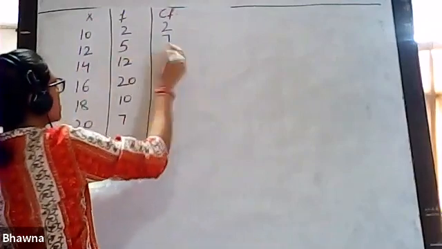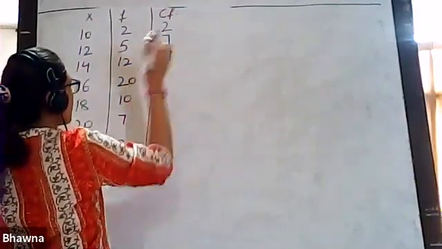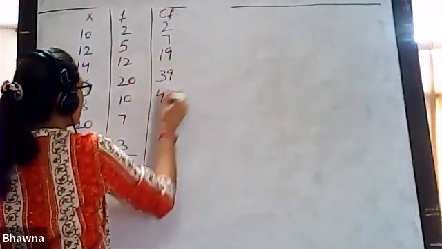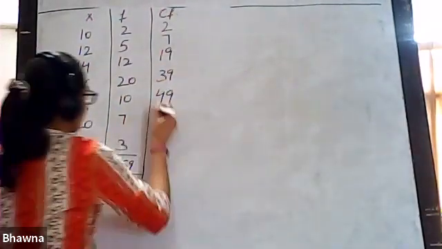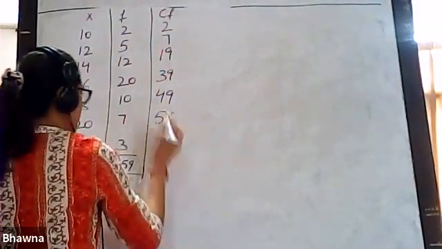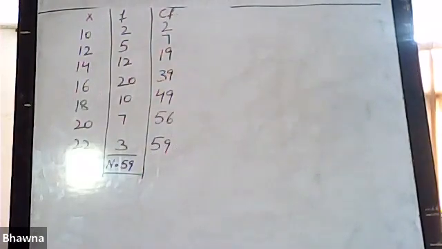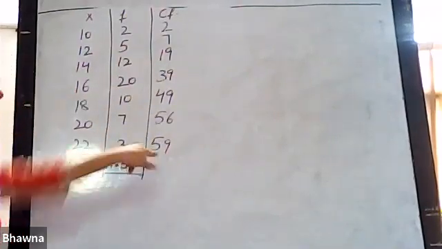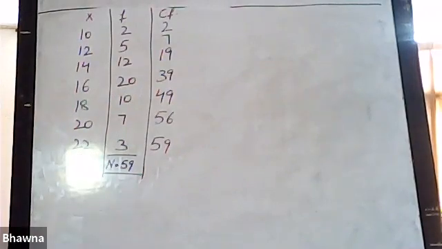Now 7 plus 12, 19. 19 plus 20, that is 39. 39 plus 10, that is 49. 49 plus 7, that is 56. 56 plus 3, that is 59. Now how can we check our cumulative frequency? We have to check whether it is correct or wrong. The answer of the series and the last cumulative frequency match, they come out the same.